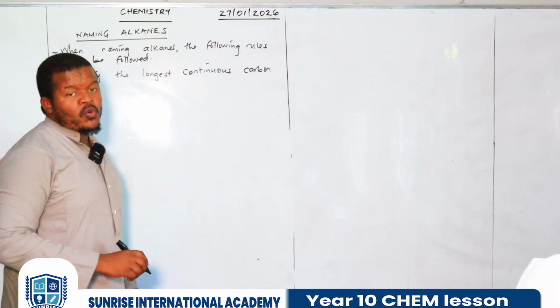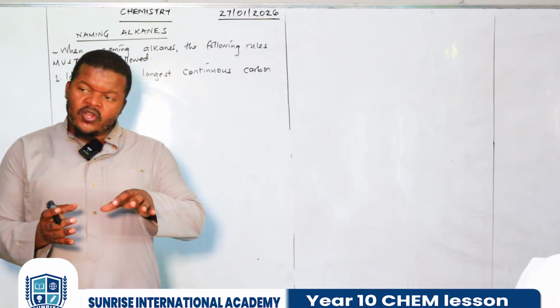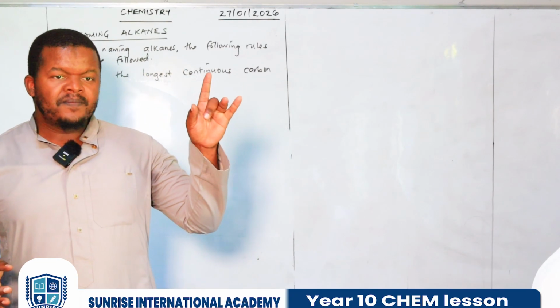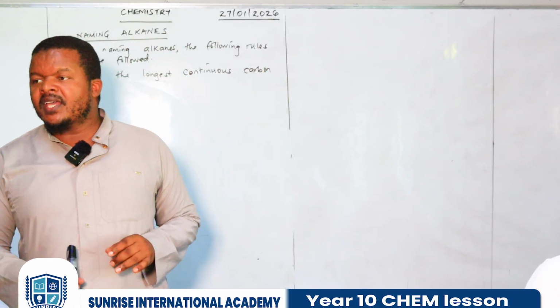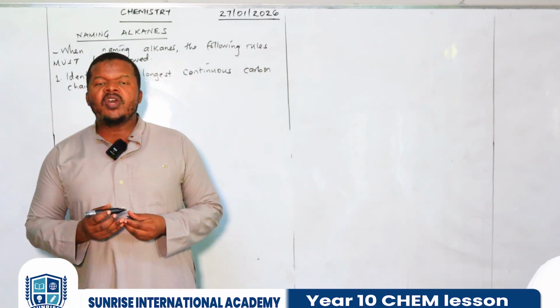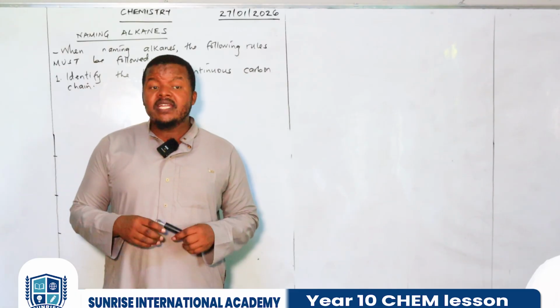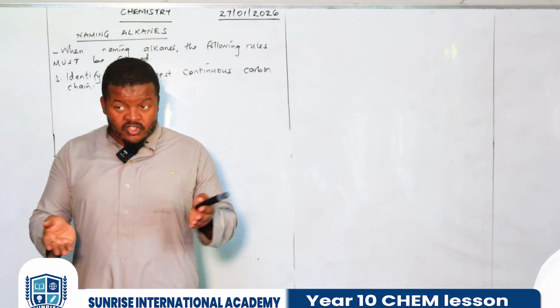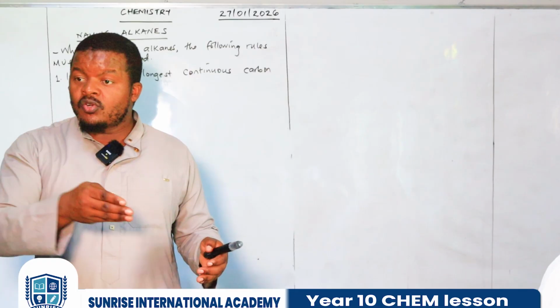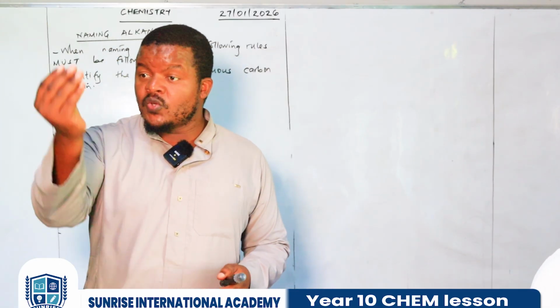This is the first rule. We need to identify the longest continuous carbon chain. But there's something I have to say here, that the longest continuous carbon chain does not necessarily have to be straight. It can be crooked so long as it's continuous.